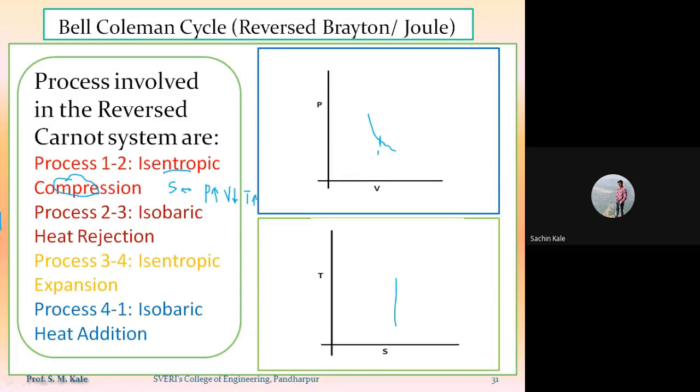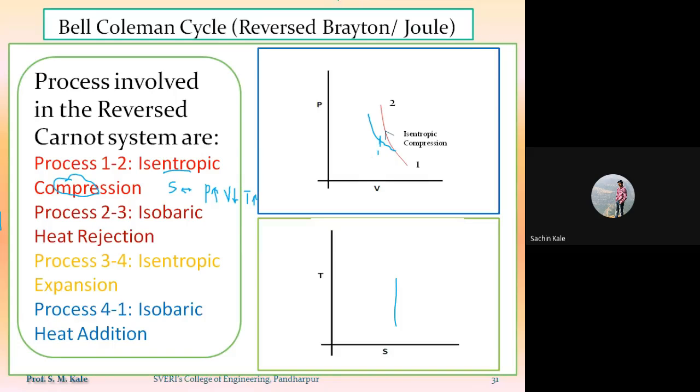But while selecting the direction, I have to take the reference of pressure and volume, because this is a PV curve. Pressure should go on increasing and volume should go on decreasing. Towards this direction pressure is increasing and volume is decreasing. That's why, while drawing the isentropic compression process on the PV diagram, I draw process 1 to 2 likewise.